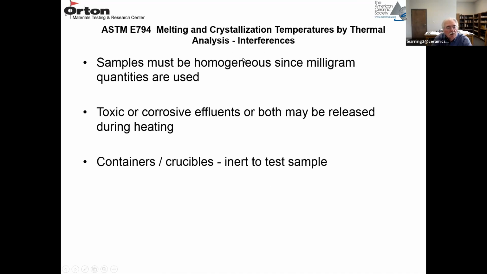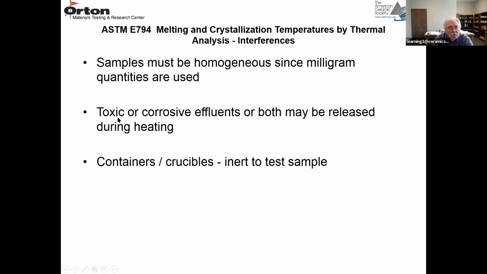When you use this test, you have to be aware of some issues. The sample has to be homogeneous because you're using very small samples, milligram samples. So for a refractory, which is heterogeneous, for this test you want to grind it to a fine powder to get a uniform sample.